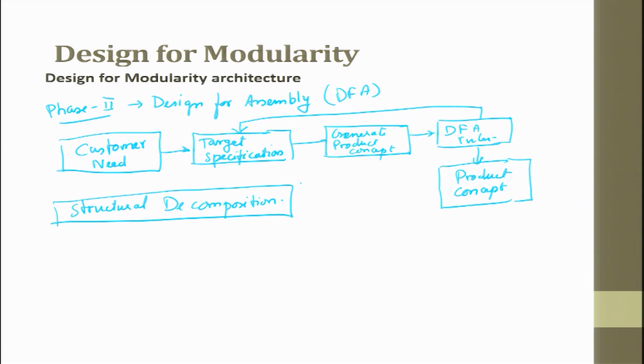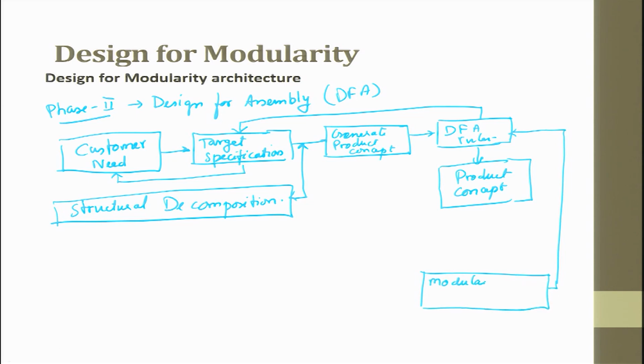And then from here we get connected to here. So, generate product concept. Customer need to target, we go back and forth. And then DFA rules are attached to the previous phase 1 whatever we saw, to the modular design. If you go to the previous slide, you saw modular design impact analysis, so DFA rules are attached to that.